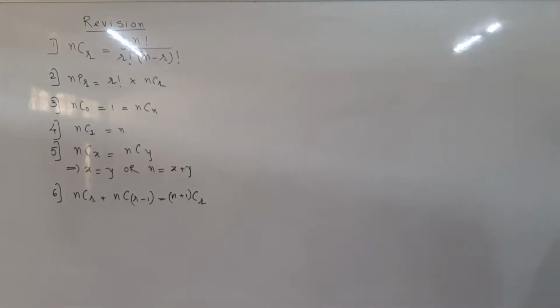These are the fundamental basic properties which we have revised. So, students, this is the total concept of nCr combination. Okay, students, now all of you please pay attention and concentrate.